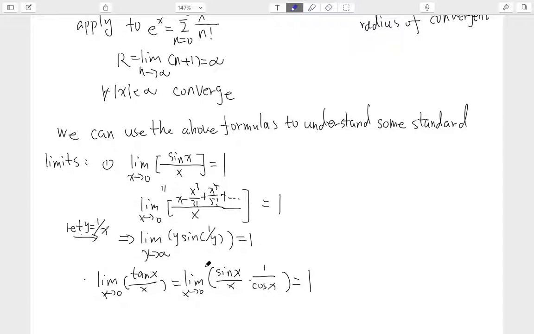We can see that it is equal to sin x over x times 1 over cos x. When x is equal to 0, cos x is equal to 1. And sin x over x is a limit we have just found out. So the result is also quite clear. Then that is 1.